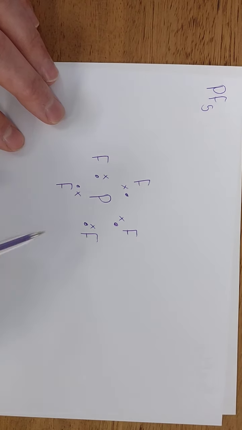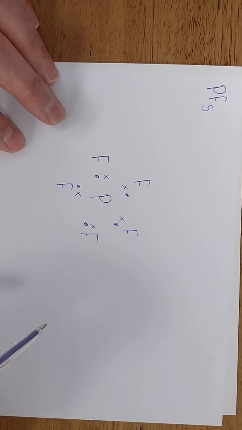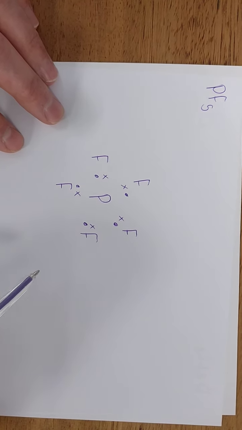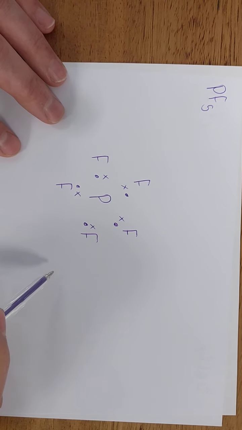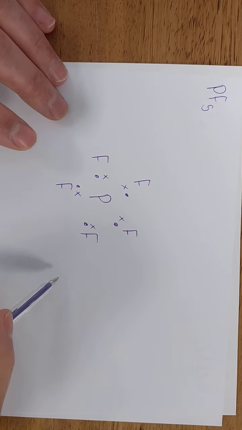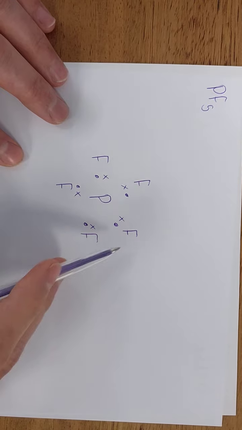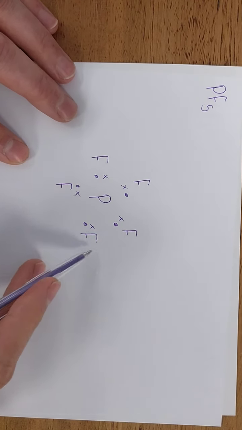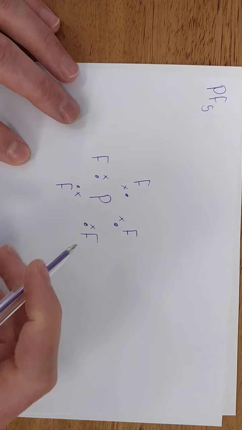That might look odd to you, because we now have 10 electrons rather than the usual 8 around our central phosphorus atom there. But this is possible, this does happen, and we see this in naturally occurring compounds. I haven't finished yet. I may have drawn the 5 crosses to show the 5 outer shell electrons of phosphorus, but I haven't drawn all of the electrons of our group 7 fluorine atoms.